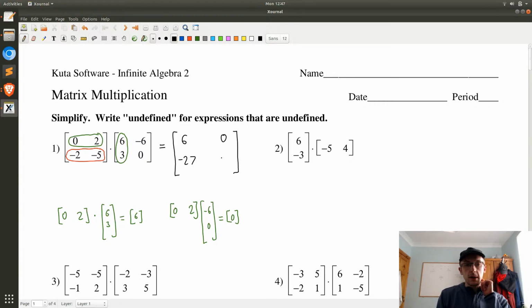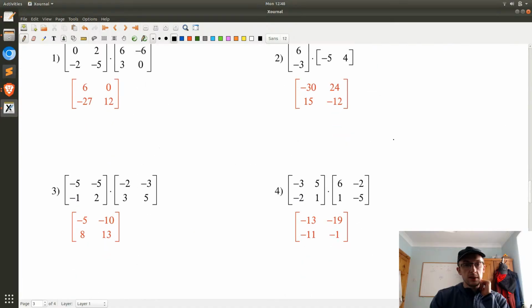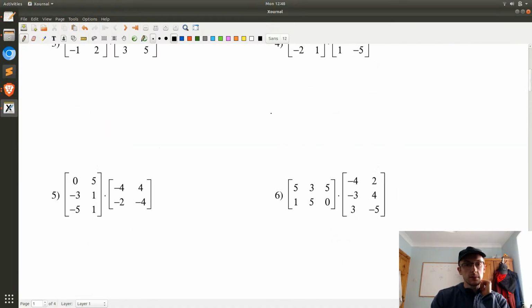Then, what about, lastly, this entry right here? Well, that's -2, -5, dot multiplied by -6, 0. So what? 12 add 0? Correct. Just there like that. We'll get on to the answers, and we see it's fine. 6, 0, -27, 12.